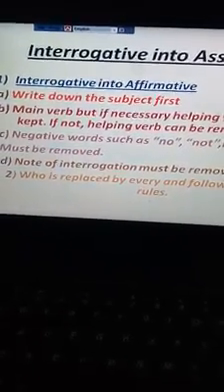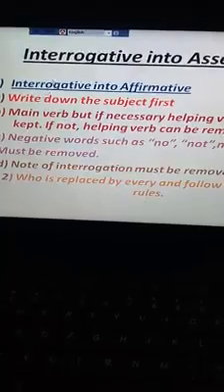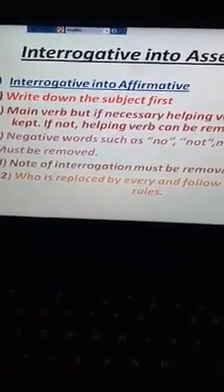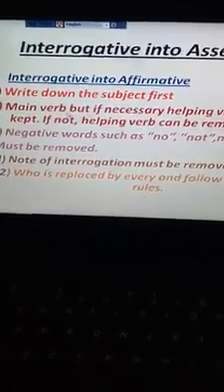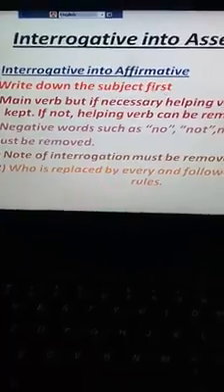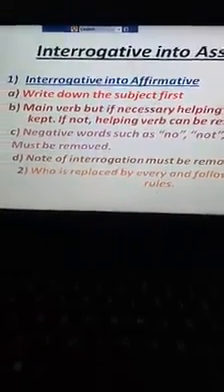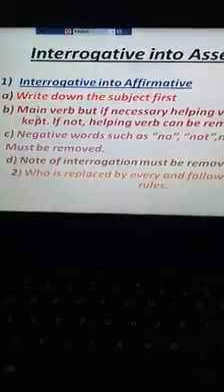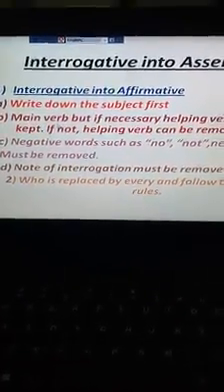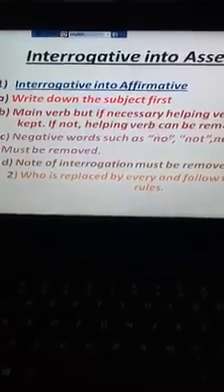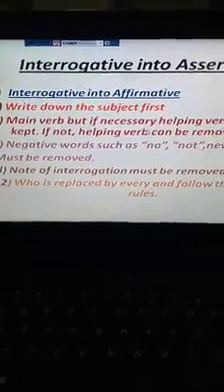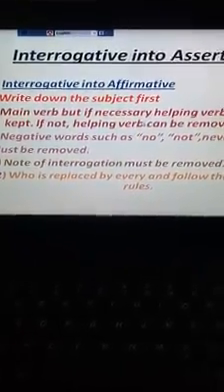Okay, so there are 4 steps to make an interrogative sentence affirmative. The first step is to write down the subject first, then you have to use the main verb of the sentence. But if necessary, that means if you need any helping verb, then you should write down the helping verb after the subject.